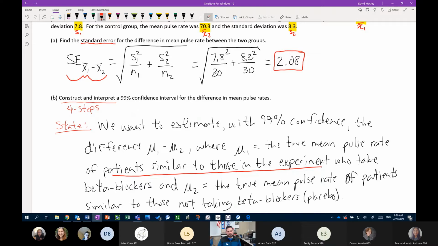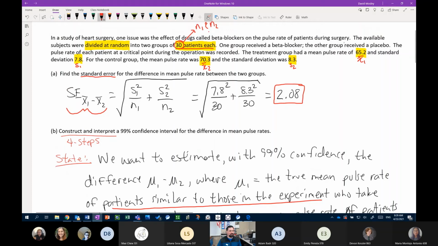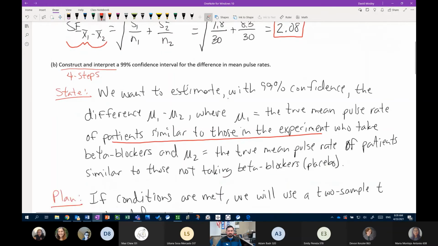These patients were not randomly selected; they are from the available subjects. We cannot perform inference about the larger population of interest. We can only do an inference about the population similar to the patients that were in the experiment. So we need to make sure and be clear about that.